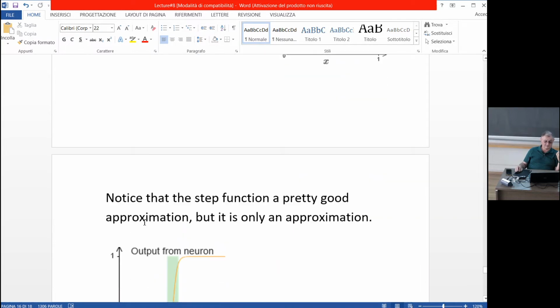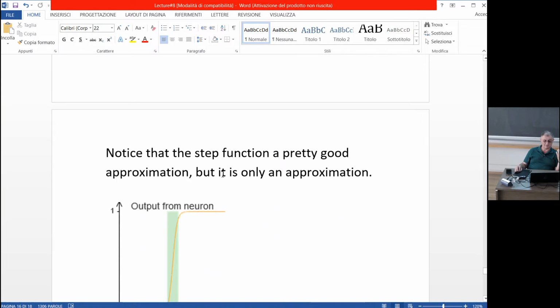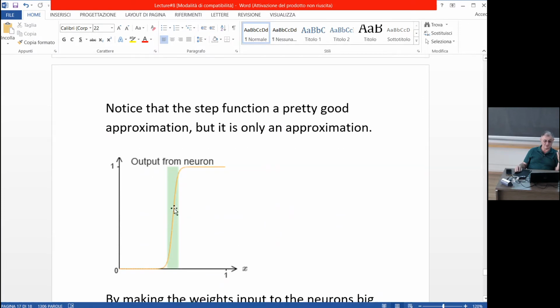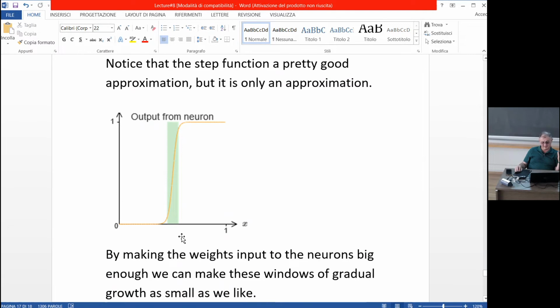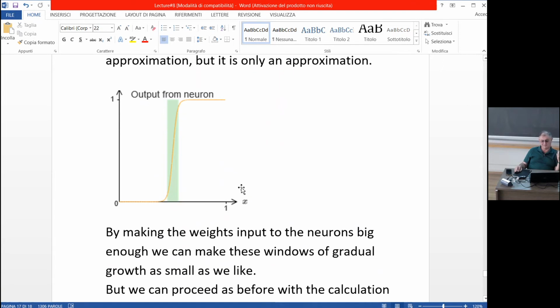So the step function is a pretty good approximation, but not exact, because this one is not vertical. But it is no matter, because we can put a weight as big as we want.